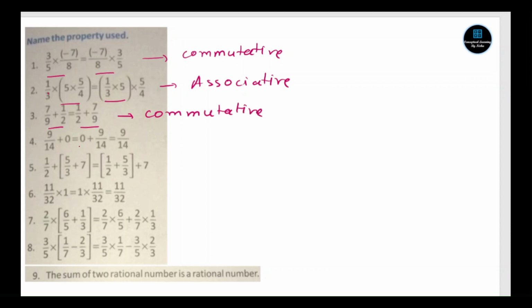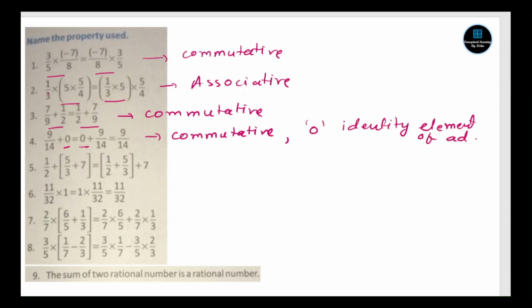Now tell me which property: 0 is added, also the commutative and the identity element. So here two properties are there: commutative and identity element. So 0 is the identity element of addition. Correct?